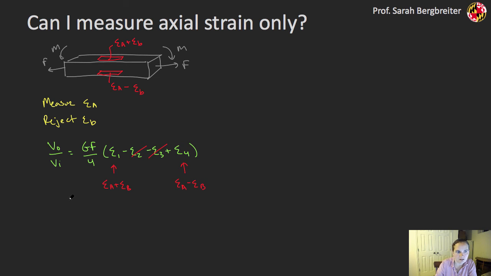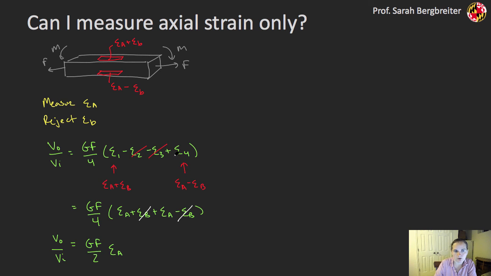So if I plug these in, I'm going to get a gauge factor over 4, times epsilon A plus epsilon B, which is my bending strain, plus epsilon A minus epsilon B. And so now those bending strains cancel, they're rejected like I wanted them to be rejected, and I also get an additional factor of 2 in my output for that axial strain. So my VO over VI is equal to the gauge factor over 2 times that axial strain.